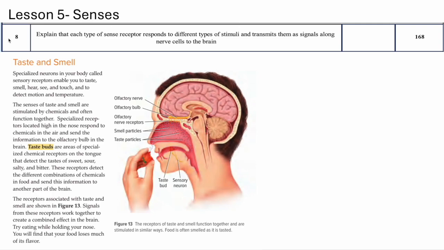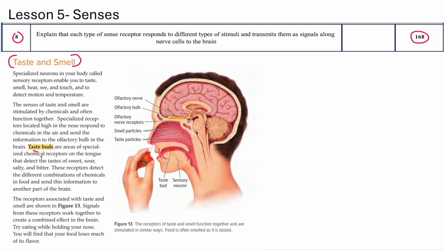Question number 8 is from page number 168. Explain that each type of sense receptor responds to different types of stimuli and transmits them as signals along nerve cells to the brain. Here on this page, it is discussing taste and smell, right? You know that taste is connected to your tongue. You have the taste buds on the tongue, right?